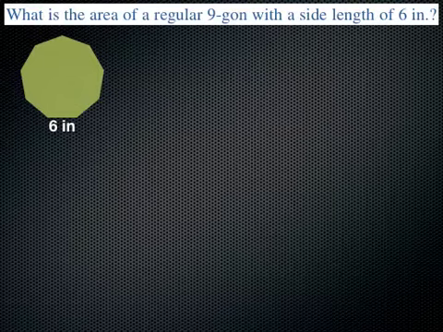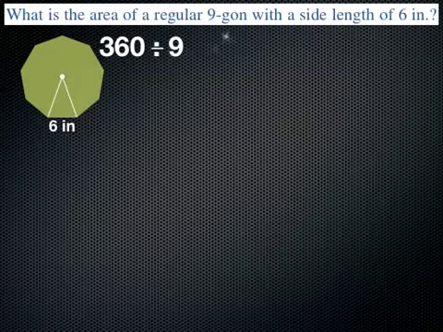I have to know an angle to use the trigonometric ratios, and I can find the measure of the central angle. Here I have a 9-sided polygon, so I take 360 and divide it by 9 and get 40 for the measure of the central angle.